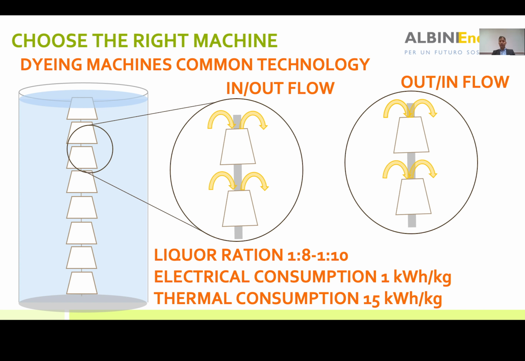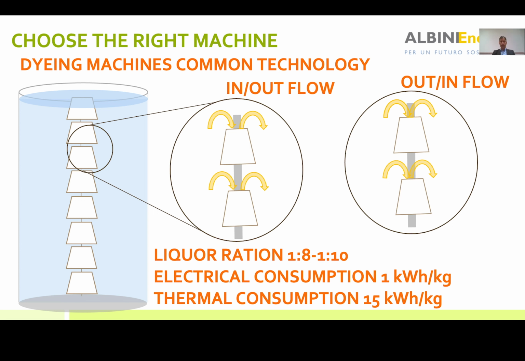The air pad system is more modern, and it's normally used with reactive dyestuff. Because if you want to go with vat dyestuff, which is mainly used for shorts, you cannot have oxygen inside your machine, so you are somehow obliged to use the fully flooded mode.